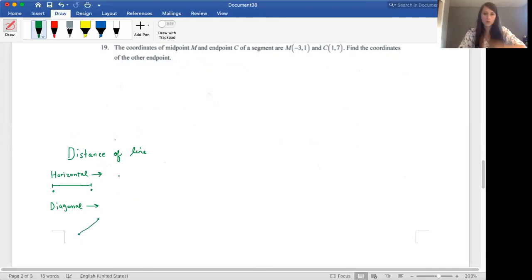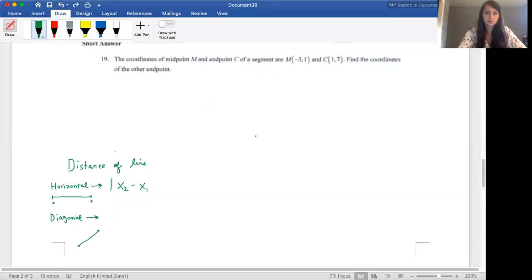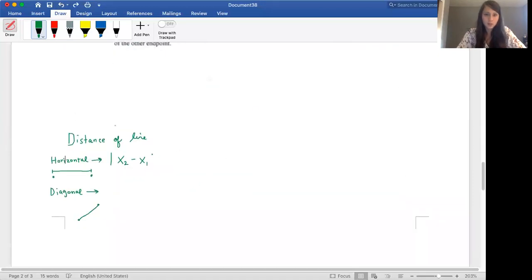So for horizontal, we're just finding the difference between the 2 points and putting them in an absolute value. Because remember, sometimes when we subtract them, we get a negative, but when we put it in an absolute value, it becomes a positive. So all our distances should be a positive number.